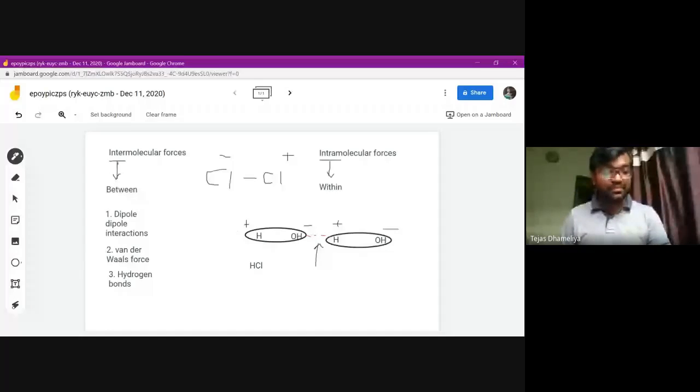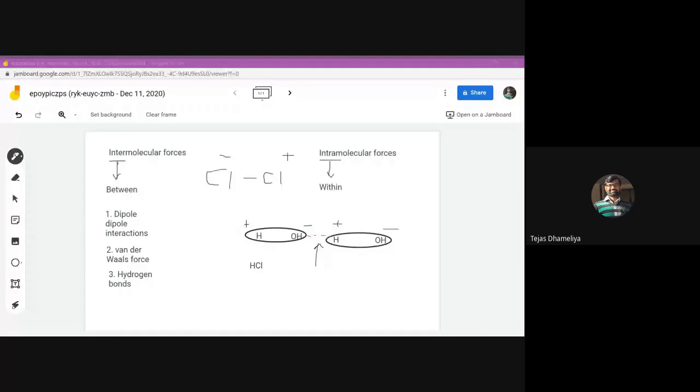So these are the forces which are called dipole-dipole interactions.